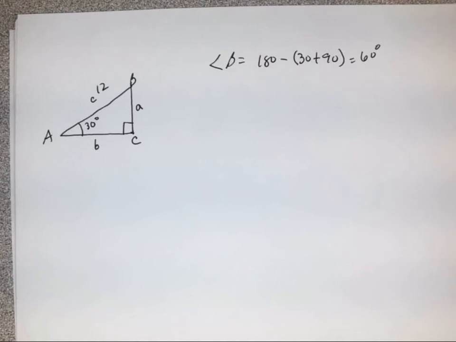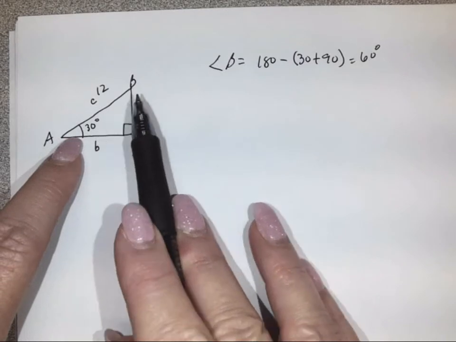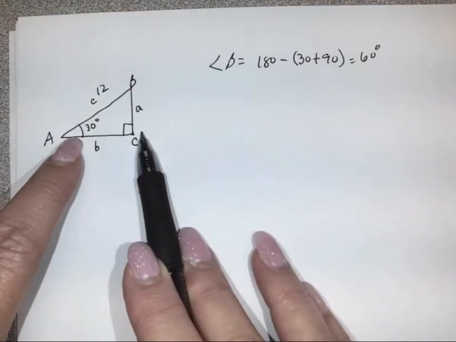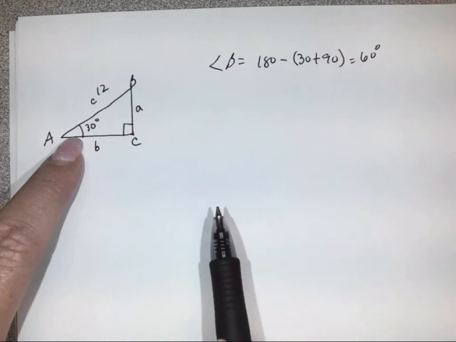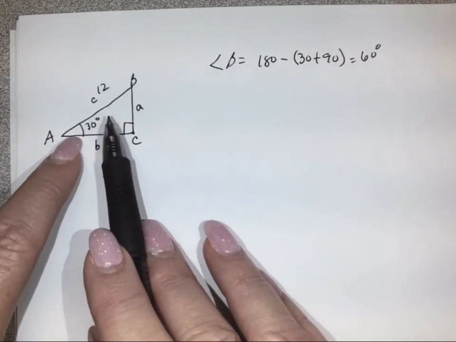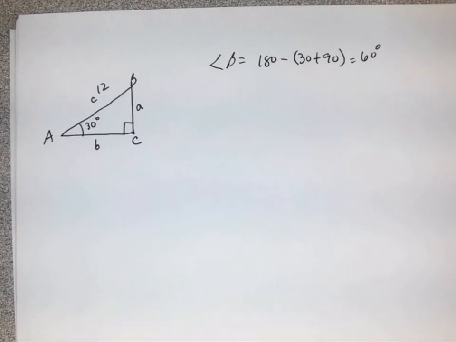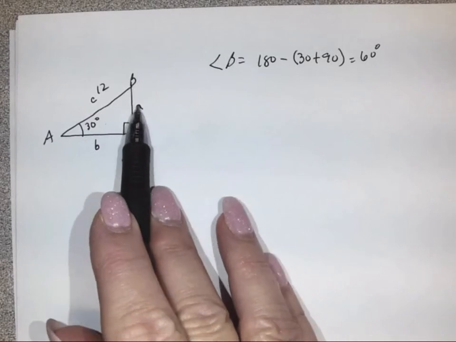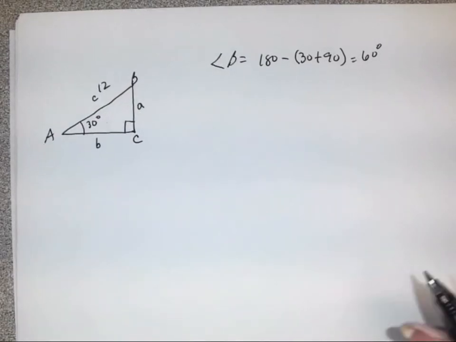Now, let's go find little a. To find little a, we know the angle and we know the hypotenuse, because the hypotenuse is always across from your right angle. So we need to use one of our trig functions to find that. We're going to use sine, because sine is opposite over the hypotenuse.